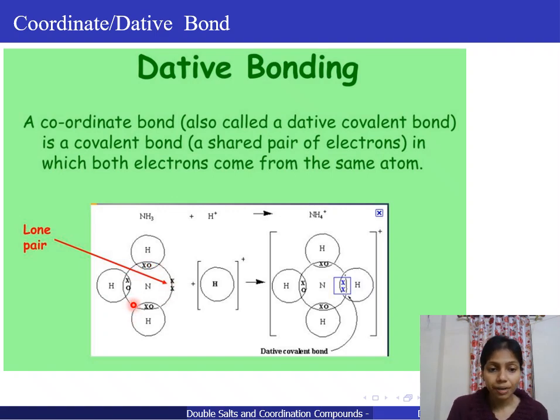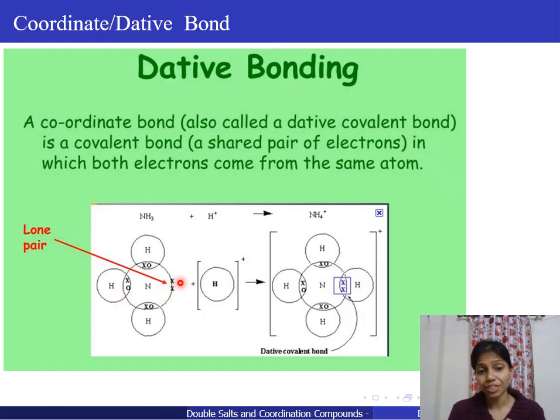These 3 unpaired electrons will be shared with 3 hydrogen atoms. This is a normal covalent bond, because it is equal sharing. One electron comes from the hydrogen, another from the nitrogen. They are both unpaired and now they pair up, sharing their electrons and overlapping their orbitals.